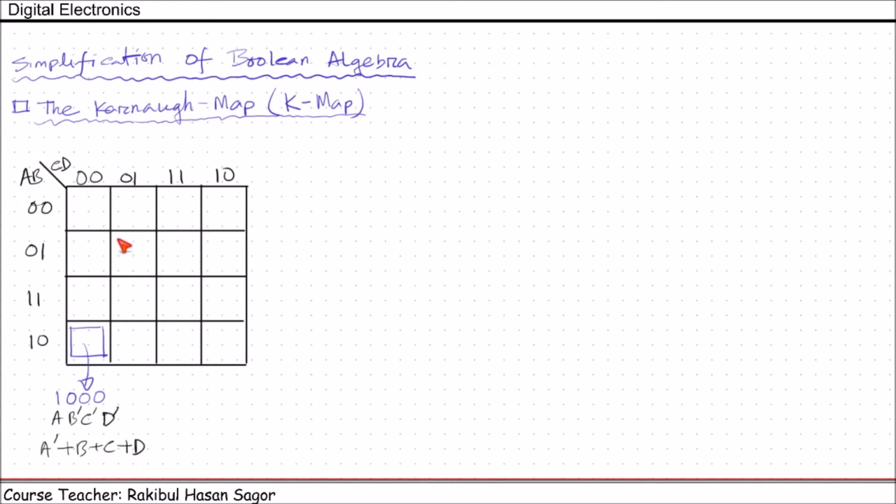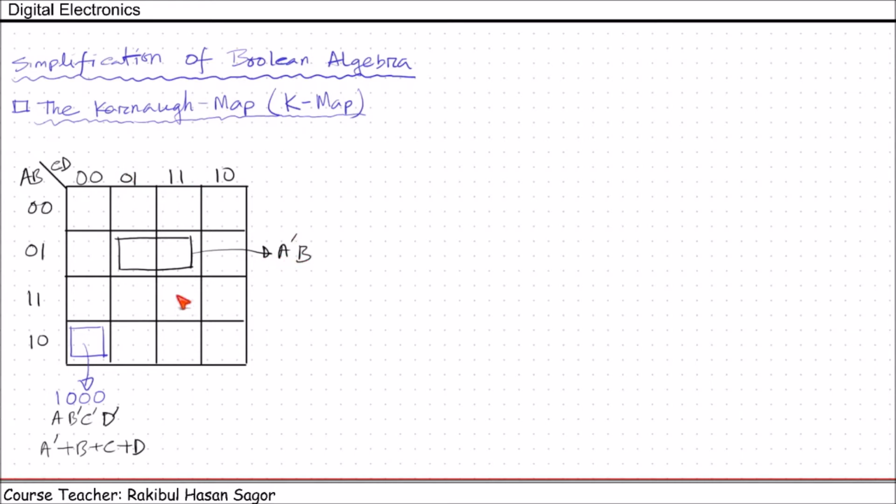Now suppose we want to name this rectangle containing 2 adjacent cells. So what is the name of this? We see this box is covered by this horizontal line and these 2 vertical lines. As this is a unique horizontal line and it has a equal to 0, b equal to 1, so directly I'll write a prime b, no problem.